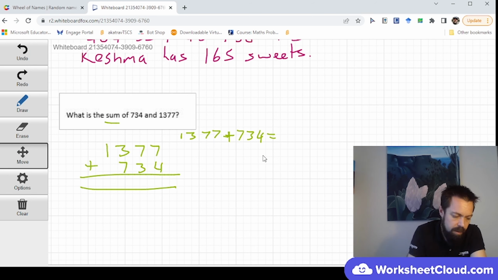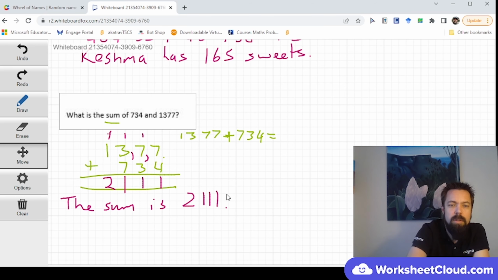Now I'm doing it: 7 plus 4 is 11, carry the 1. 10 plus 1 is 11, carry the 1. 1 plus 1 is 2. The sum is 2,111. Done.